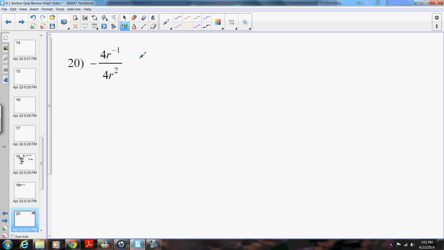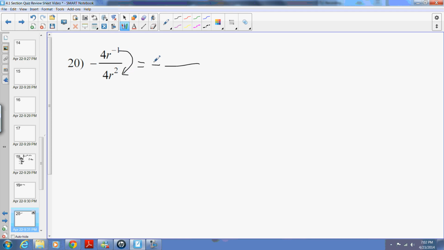20. Negative 4r to the negative 1 over 4r squared. Okay, so here we have the negative exponent, I believe for the first time. So this r to the first, because it's in the numerator, bumps down to the denominator.